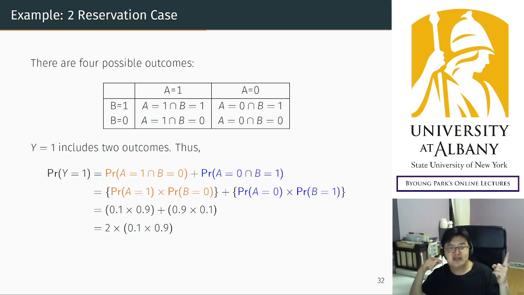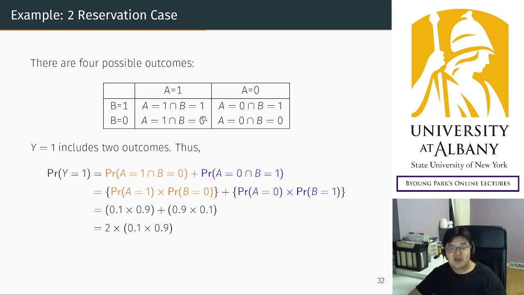If one is cancelled and the other is not, there can be two different combinations. A could be the one who cancelled, or B could be the one who cancelled. Therefore, when I only specify the total number, not exactly who did it, it complicates the problem a lot because you have to count how many possible combinations there are.